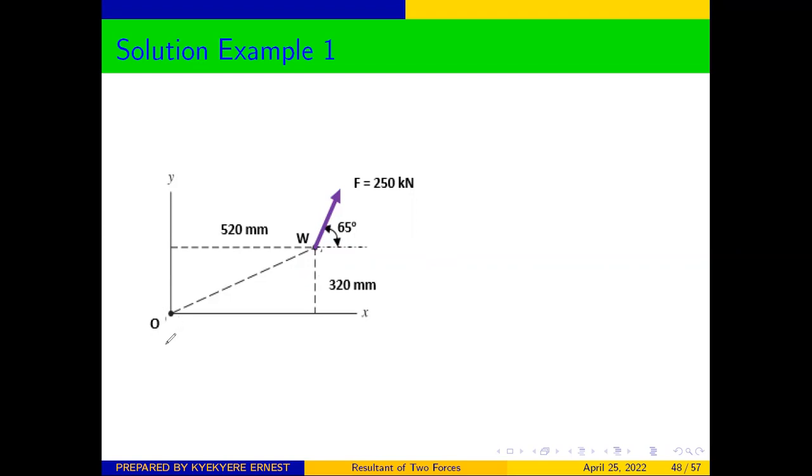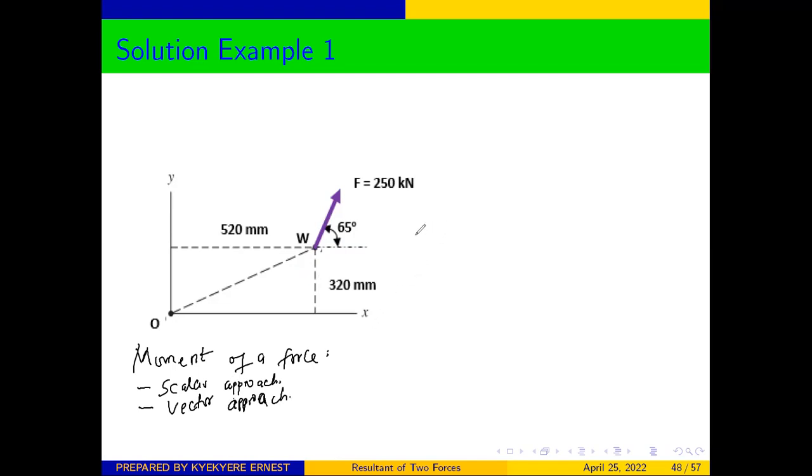Take note that anytime you want to find the moment of a force about a point, and we have 2D objects, you can use both the scalar approach and the vector approach, and each of them will give you the same answer or a similar answer.